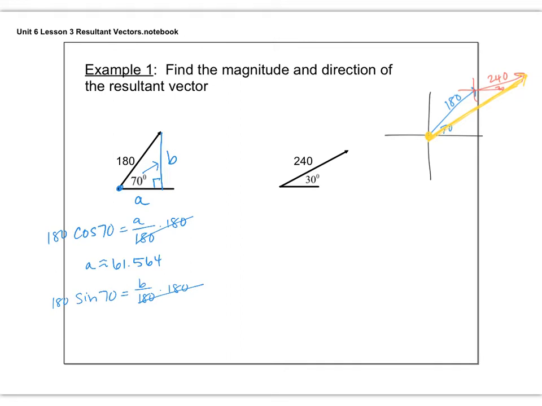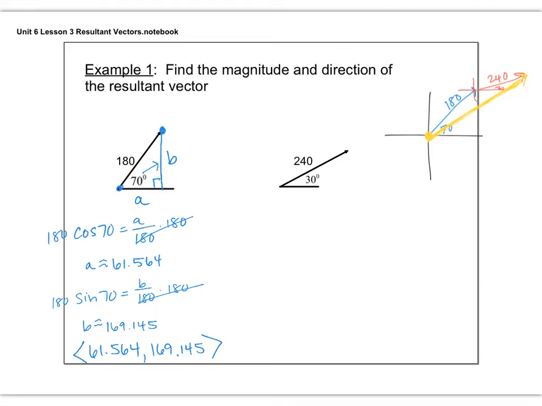And when I do that, B is approximately 169.145. And so the component right here at the end of this vector would be 61.564, comma, 169.145.